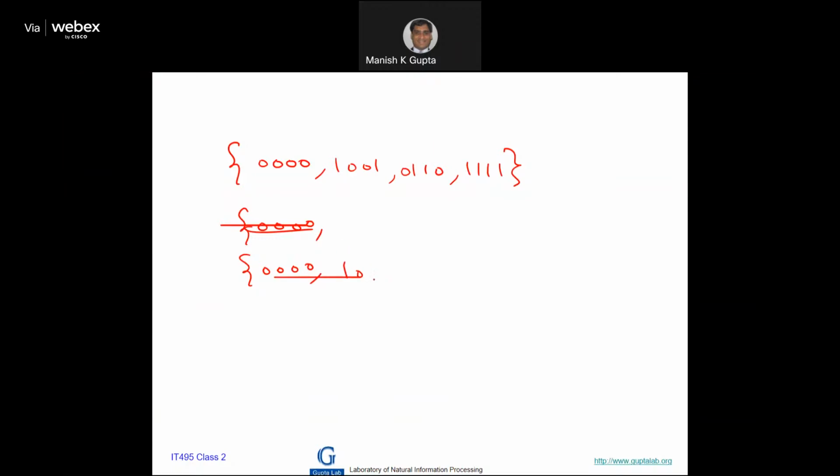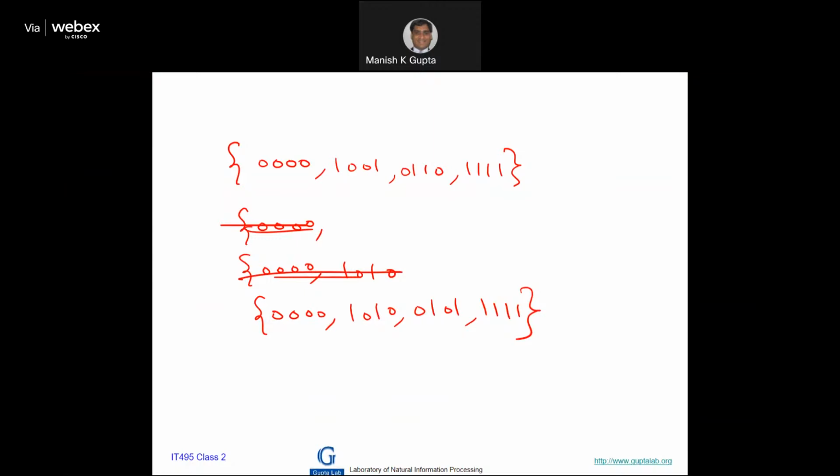So the code becomes 0000, 1010, 0101, 1111. What I have done is I have changed the third and fourth bit, interchanged them. We are getting this. Now I ask the same question.